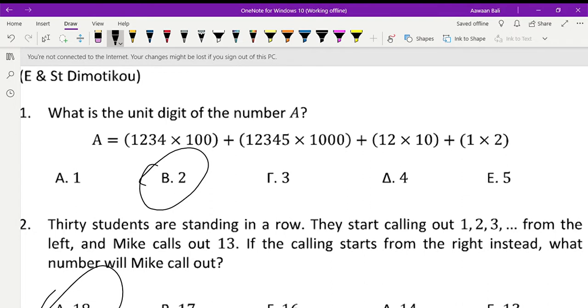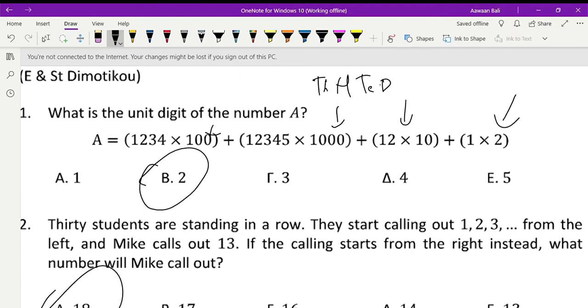But then when we look at the last segment here, it just says 1 times 2. And if you notice, this is basically following the place value. These are the thousands, these are the hundreds, these are the tens, and then we just have the ones, or you could say the digits.